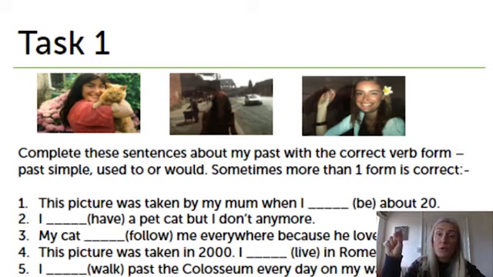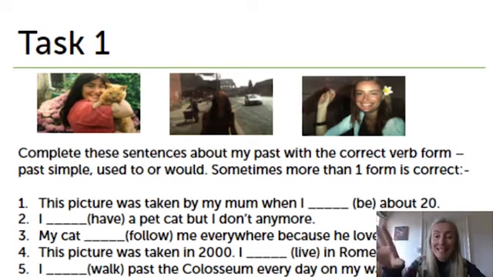If you think the past simple is always correct, have some practice with the past simple because they will be irregular verbs sometimes. Then think about if you can use used to, then think about if you can use would.